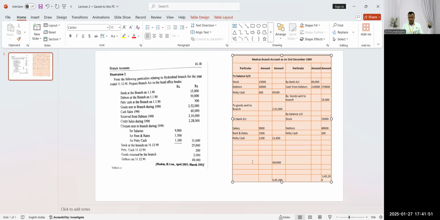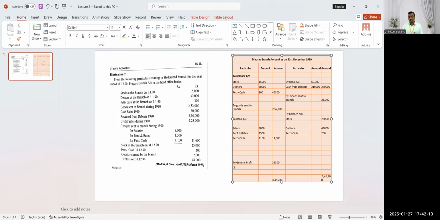So the remaining balance amount will be taken as 'to general profit'. To general profit means what? How did you calculate 36,300?